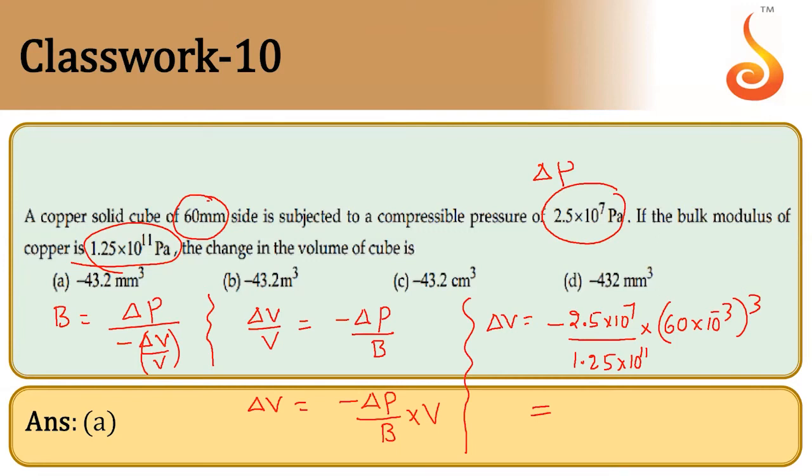Simplify and tell me the answer. Are you getting A? Children, are you getting A? Okay, now shall we go to the next one? Are you getting C? Minus 43.2.